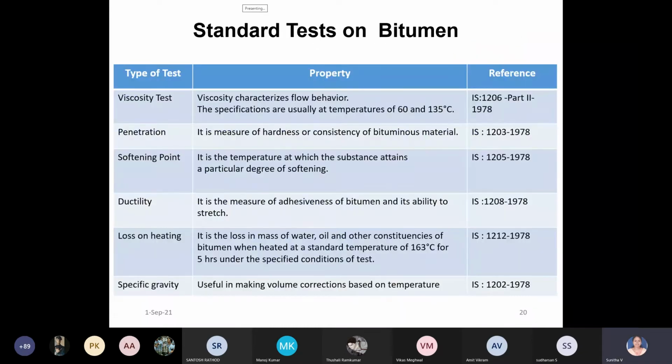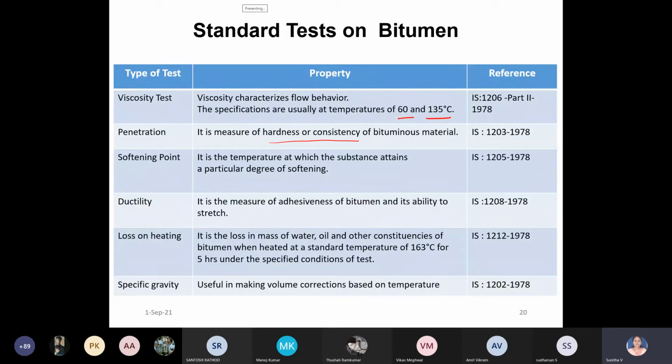Now the standard tests to be conducted. For the viscosity test, you have to find viscosity characteristics like flow behavior, and this is done at 60 and 135 degrees Celsius. Viscosity is done at two different temperatures. Penetration measures the hardness or consistency of the bitumen. Softening point measures the temperature at which the bituminous material attains a particular degree of softening.